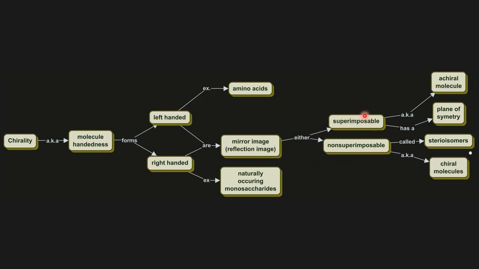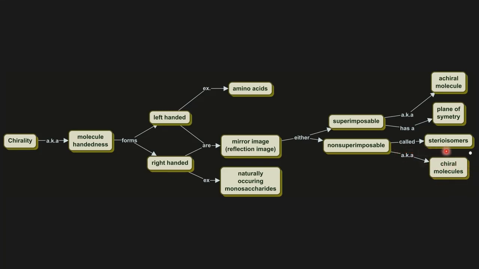When the images are superimposable, the molecule is called an achiral molecule. Chiral and achiral molecules are examined for a plane of symmetry, so that when we put one molecule on top of the other it becomes a superimposable image, while the non-superimposable ones are called chiral molecules.